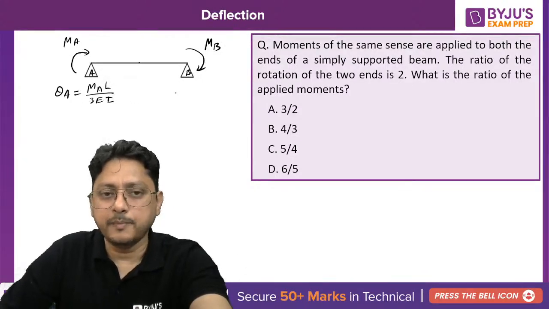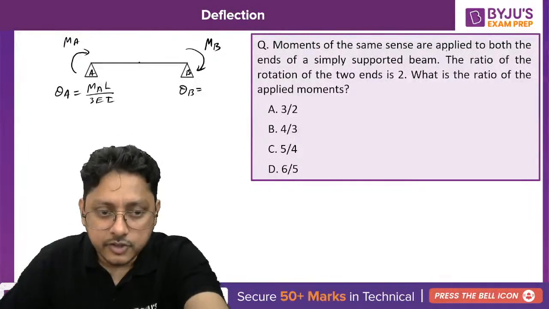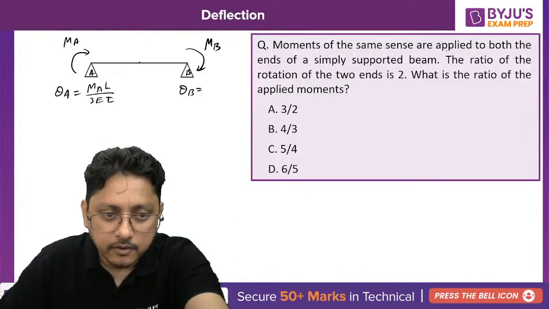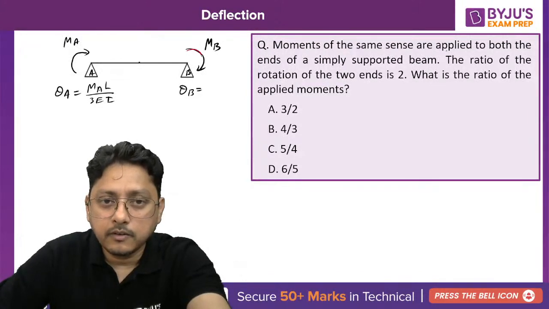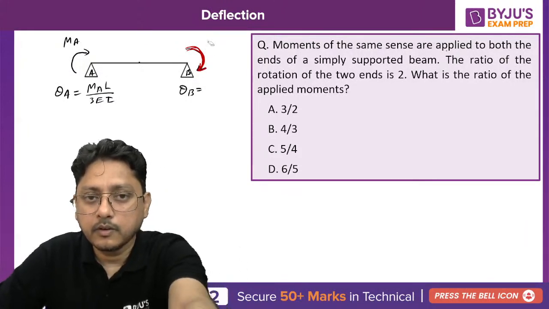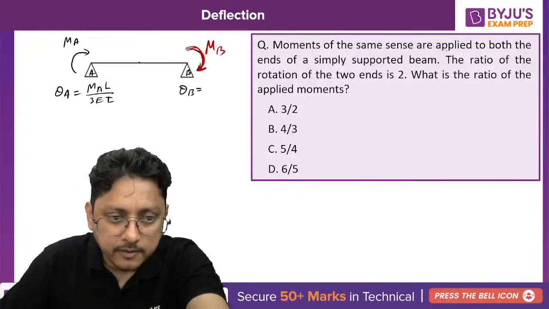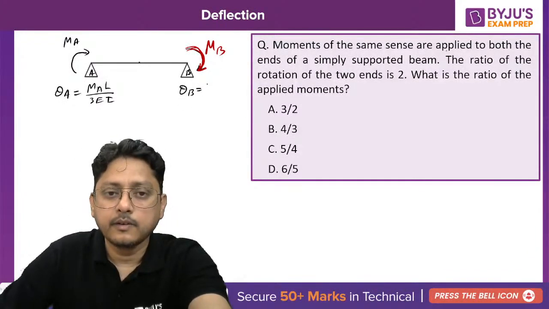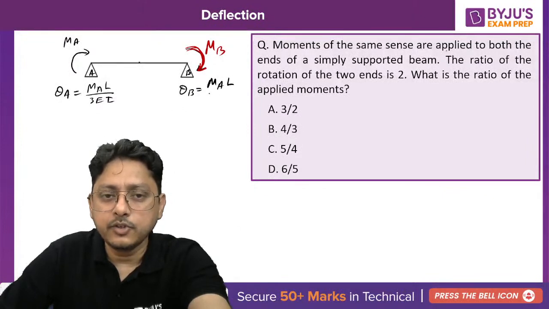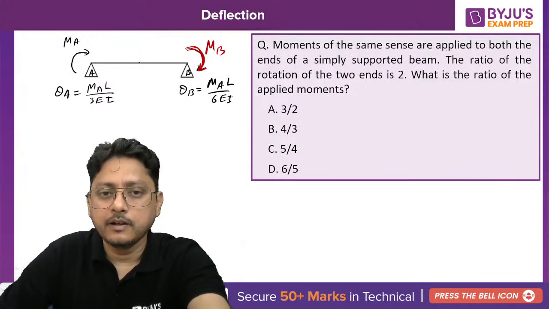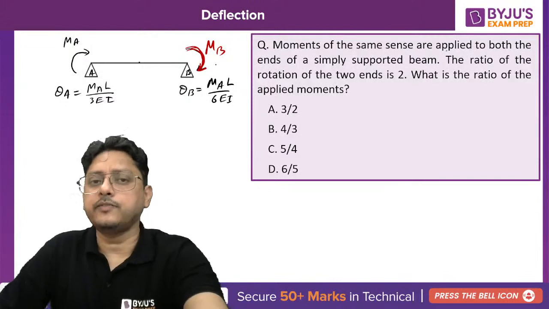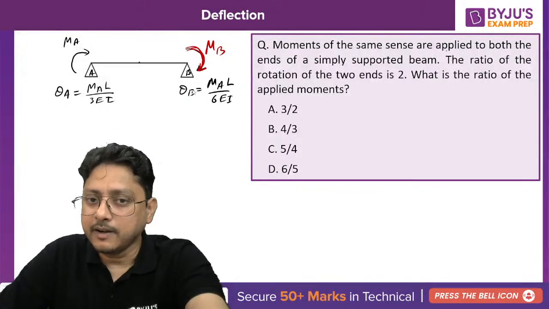And theta B due to the application of MA will be MA L by 6EI. Now due to the application of the moment at B, what will be the theta?